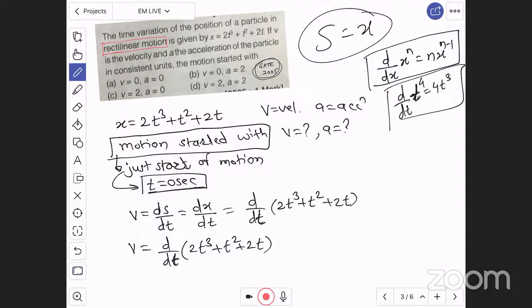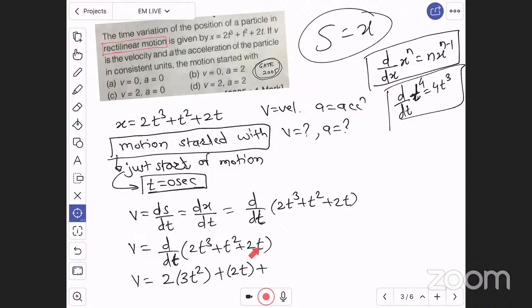Similarly differentiate here, therefore v is equal to, now this 2 is constant, right? What is the derivative of t cube? It will be 3t square. Plus, what will be the derivative of t square? It will be 2t. Plus, what is the derivative of 2t?